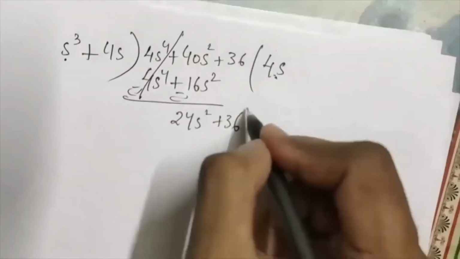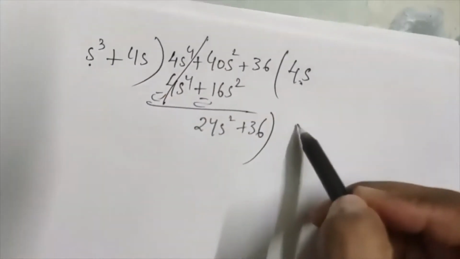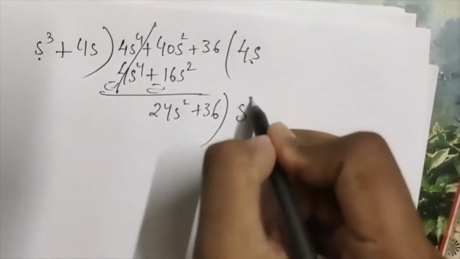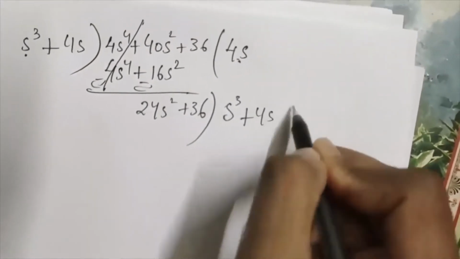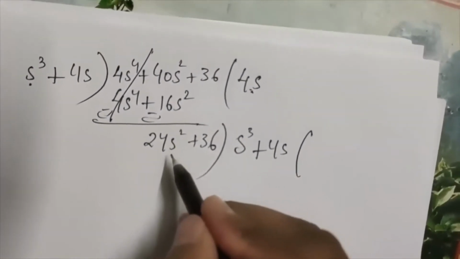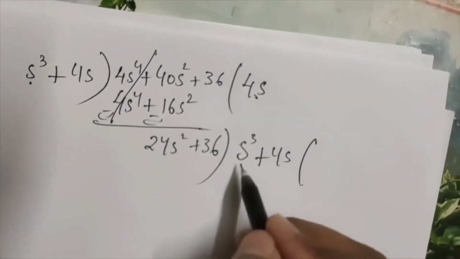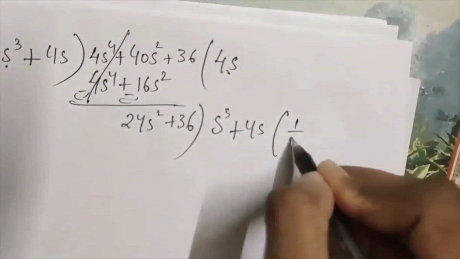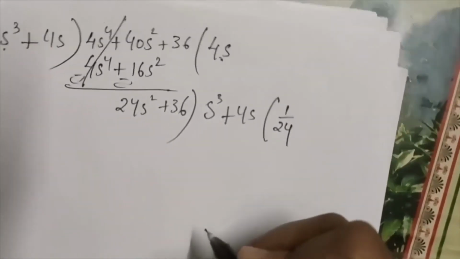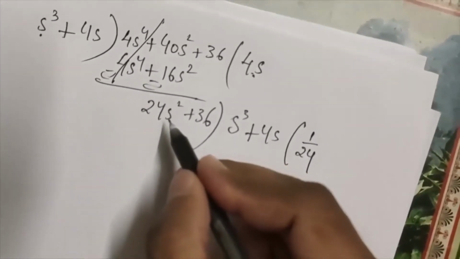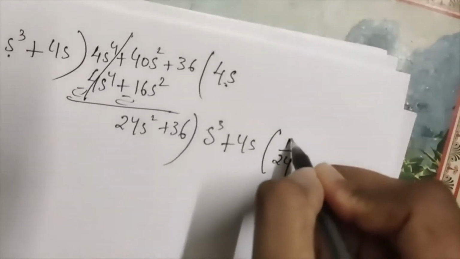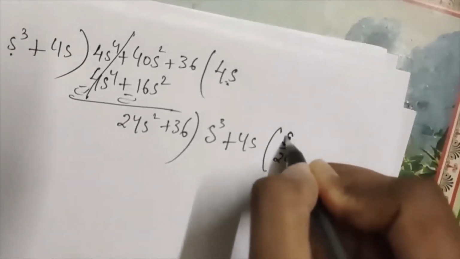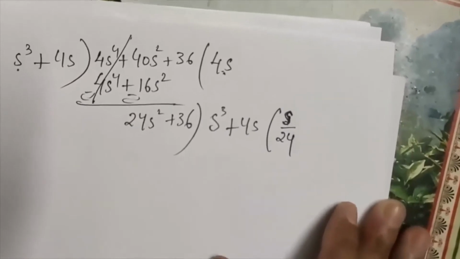Since the remainder is positive, the same term is carried forward here. S cube plus 4S. So here I have 24S square. I want S cube here. So in eliminating 24, and instead of S square I want S cube, so here I write S. So I multiply S by 24.